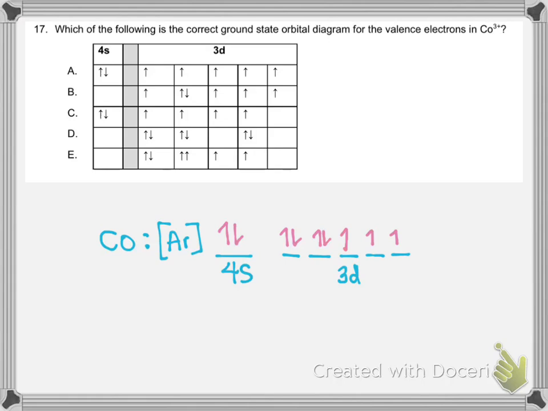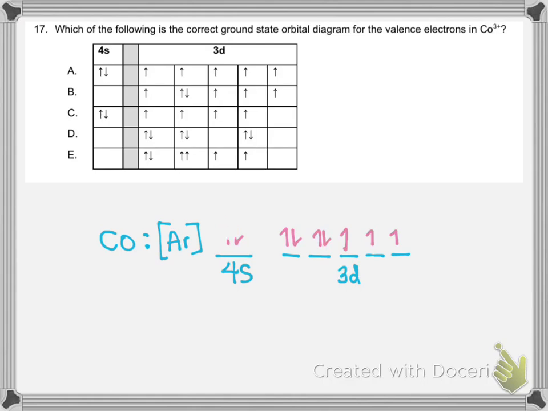So then to make this 3+, we need to get rid of 3 electrons. And so we're going to remove electrons first from the orbital that is furthest away. And that is going to be the 4s.